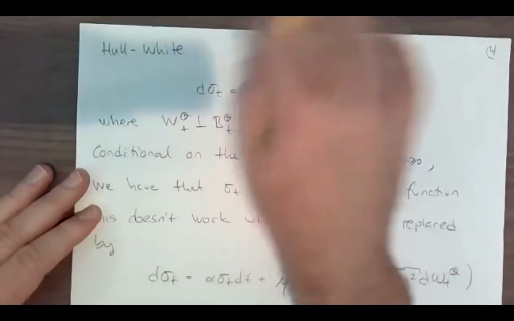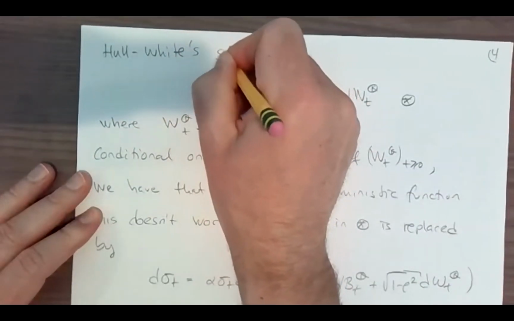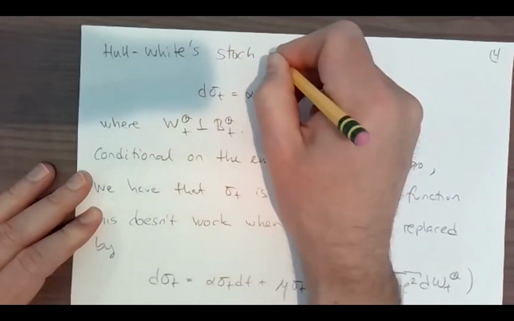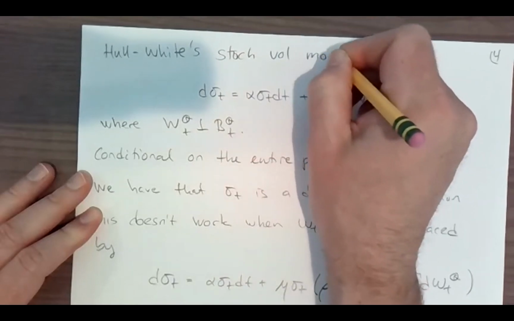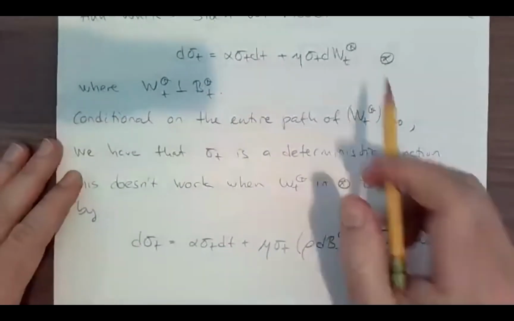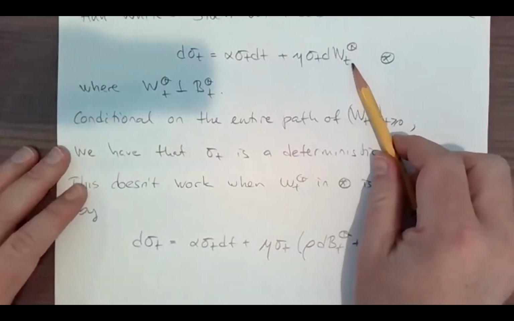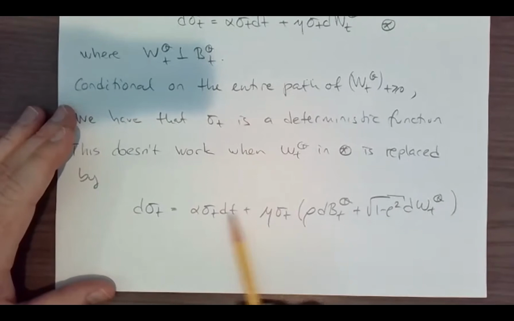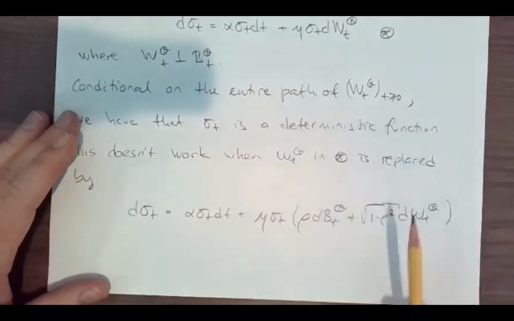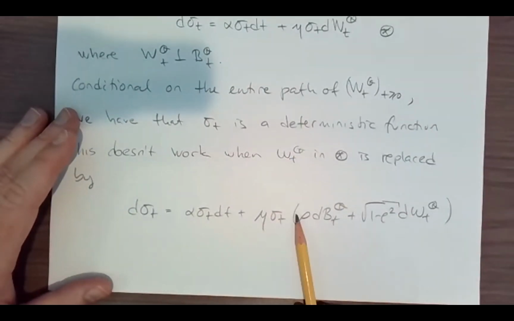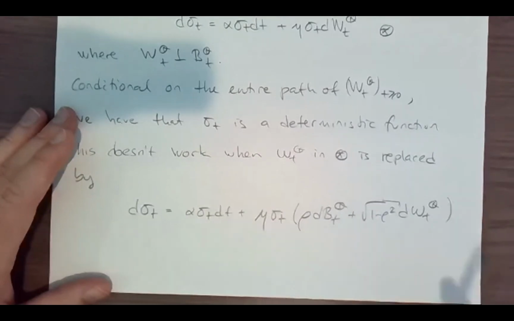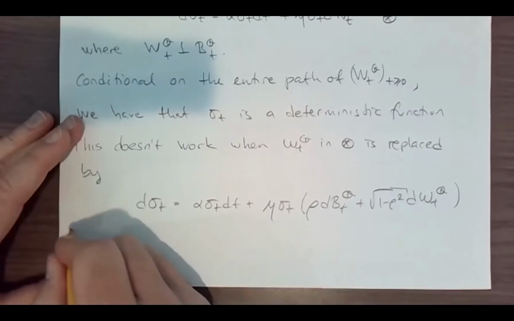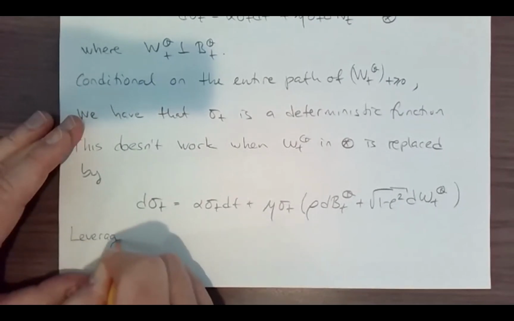So Hull and White's stochastic vol model has this form, with a Brownian motion that is independent of the one that drives the stock. What they did in their paper will not be extendable to having both Brownian motions down here. And there is a term called leverage.